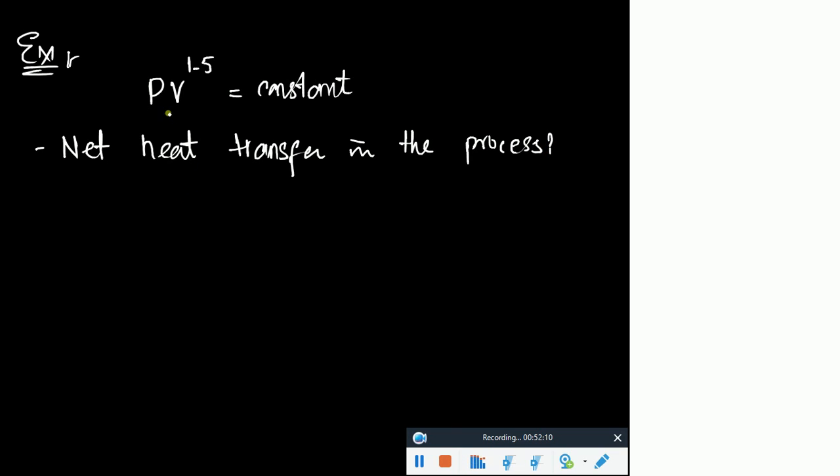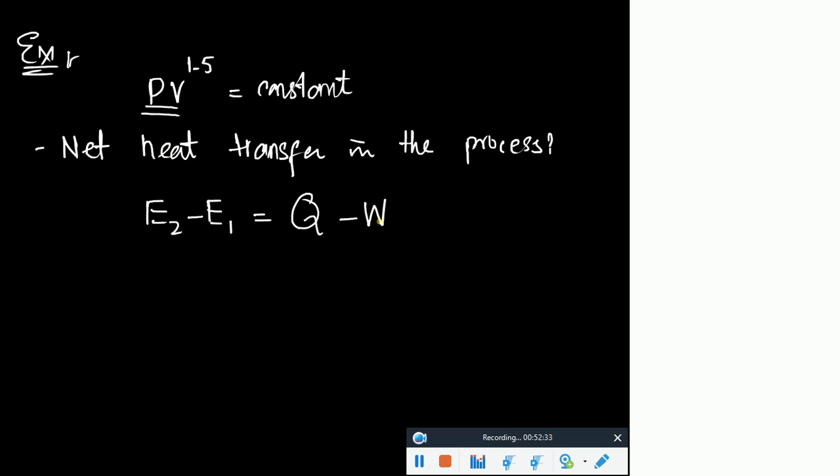And if you need to find that out, you know that there is some work done on the system or by the system which is being described by this process. And obviously it has told you that some part of the energy content you can take as 0. There is no change in kinetic and potential energy. So obviously it is a straightaway application of the first law of thermodynamics.